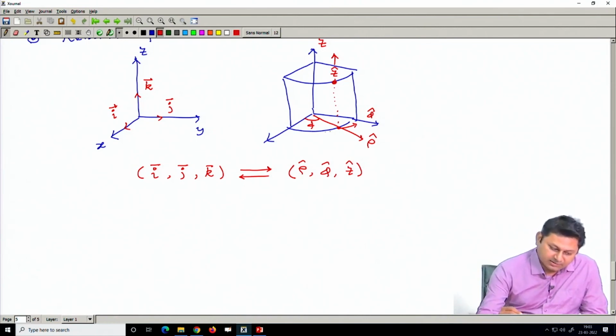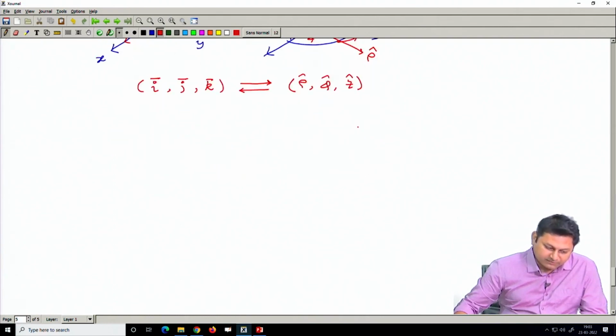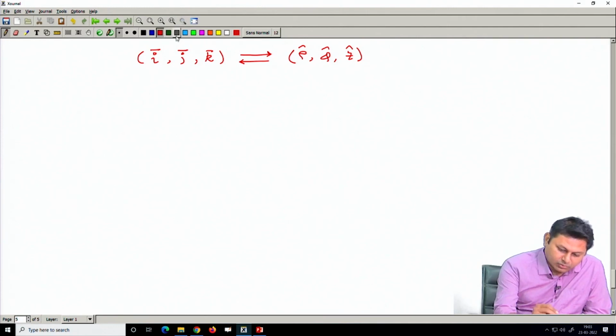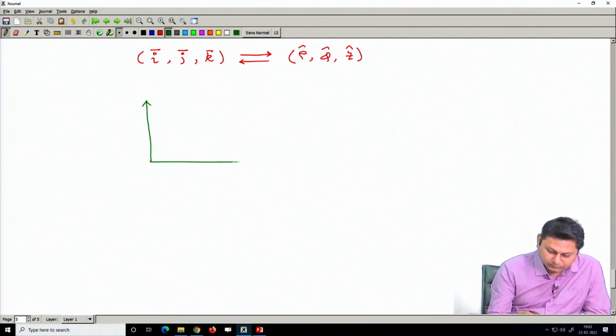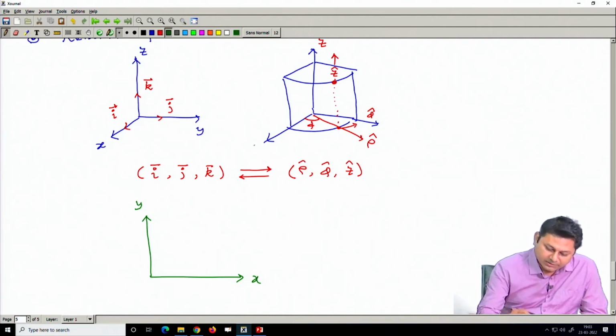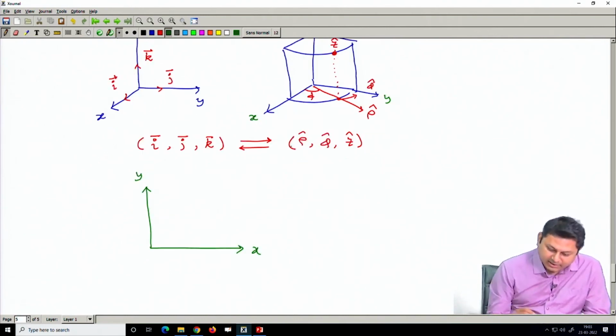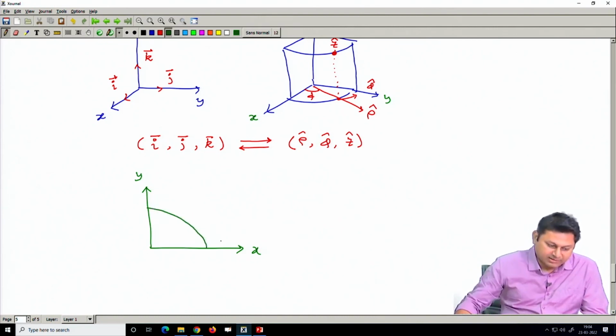I just make a projection of this portion, and if I do the projection of this figure, it will look like this. Then it will be easier to understand. In the Cartesian coordinate system, this is along y and this is along x. So, I am making the projection of this part. So, this is my x, this is my y. I am now making a projection, and in that case I have the base like this.